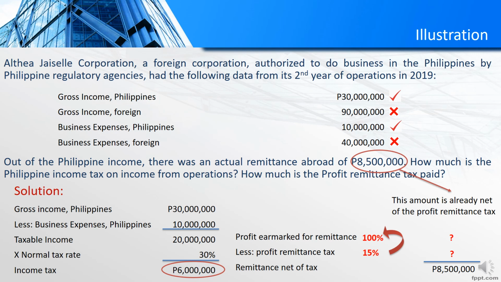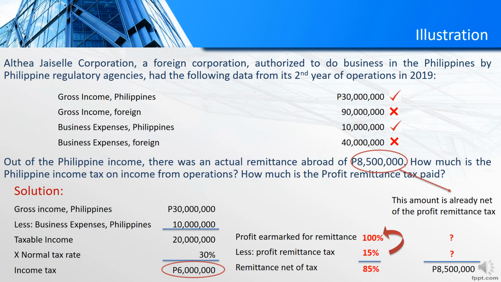Therefore, the remittance net of tax is 85%, meaning the 8,500,000 is equivalent to 85% of the profit earmarked for remittance.